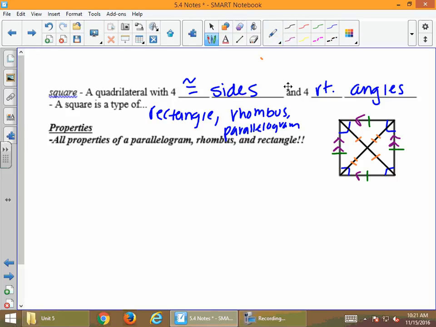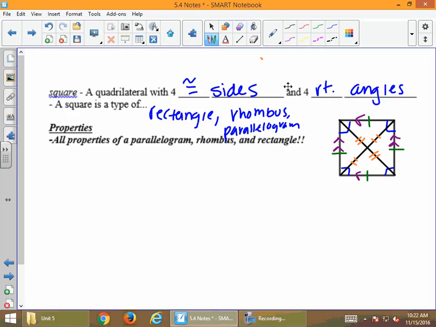Yes, because it's a rectangle. What did we talk about the diagonals of a rectangle? They're all what? Equal. So the diagonals in a square are also going to be equal, which means if these are cutting each other in half, then all those little pieces are also going to be the same in a square.